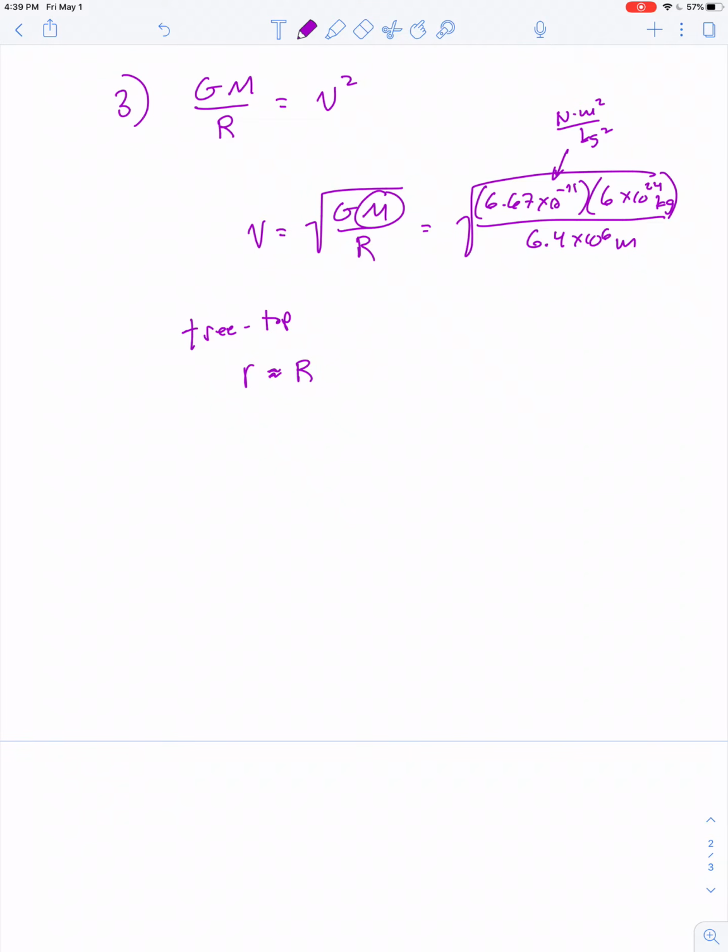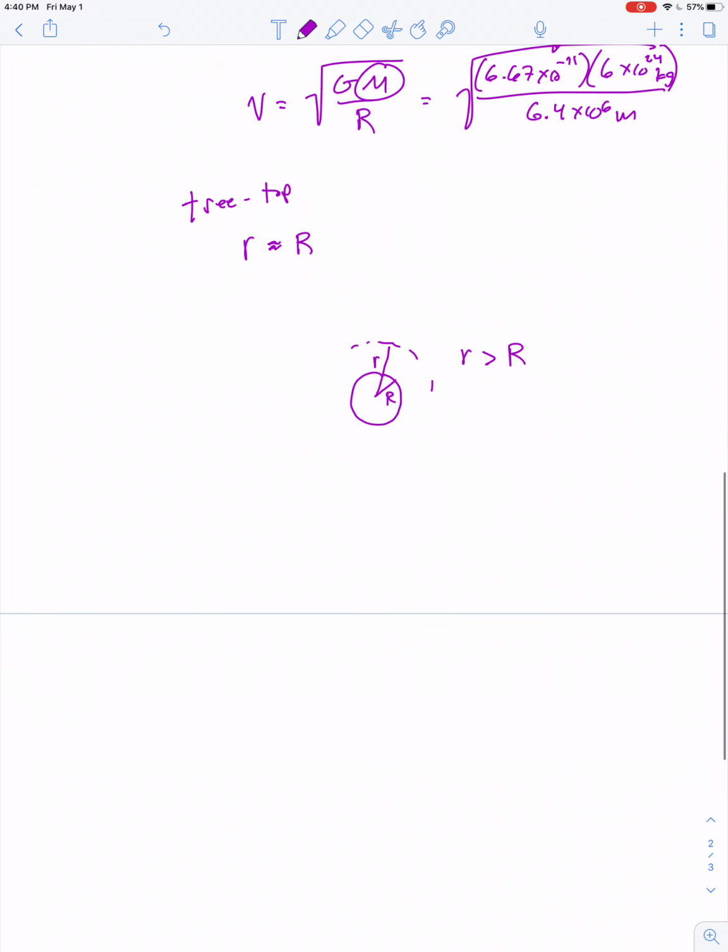However, you could have a projectile, and we have plenty of projectiles there. All of the satellites that are orbiting as we speak orbit at a distance that's well above the surface of the Earth, such that r is greater than the radius of the Earth. And in that case, it would still be the same formula.